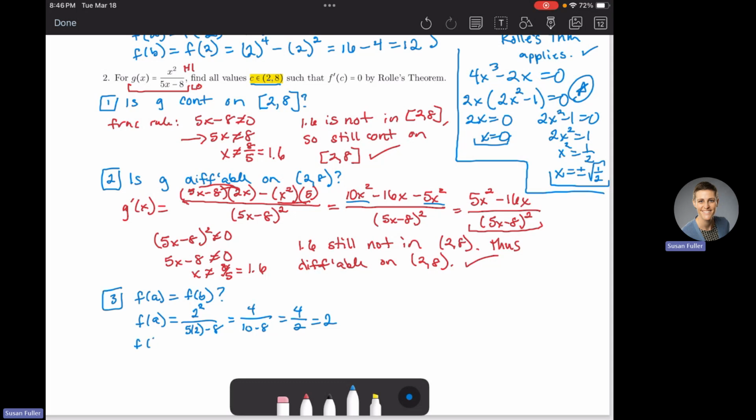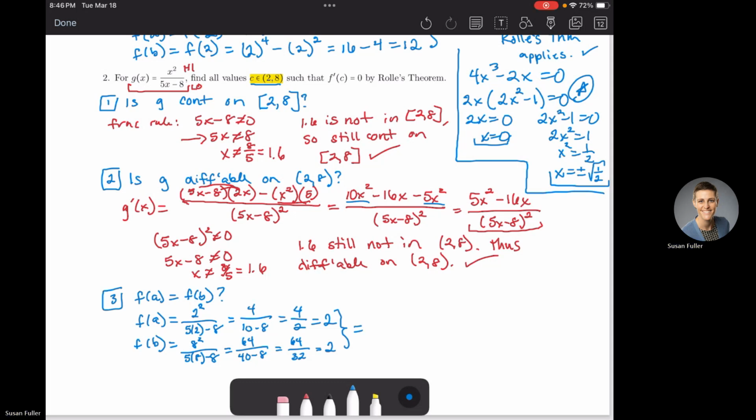And f of b, b is 8, so I'm going to get 8 squared over 5 times 8 minus 8. 8 squared is 64 over 40 minus 8. That's 64 over 32, and that again is just 2.